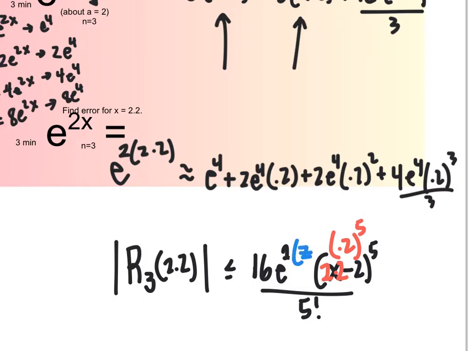I'm going to call that my z value. And in here for z, I'm going to test two numbers. I'm going to test the center, which is 2, and then I'm going to test the point, which is 2.2, and figure out which one gives me a maximum. I don't have the space or a calculator with me, so you're going to have to do that on your own. But one of those would maximize the error. Not sure which one.